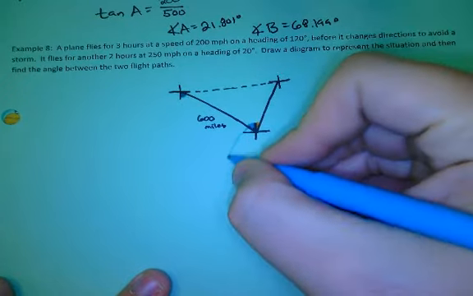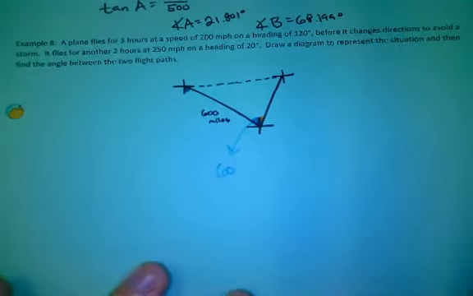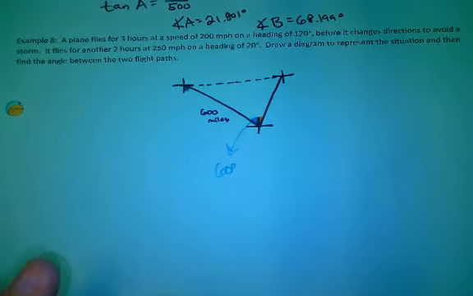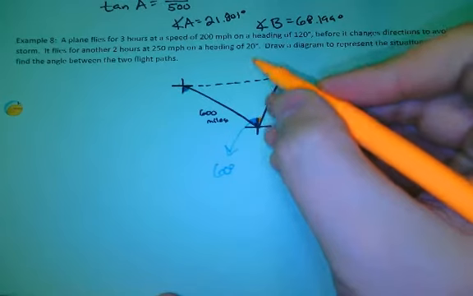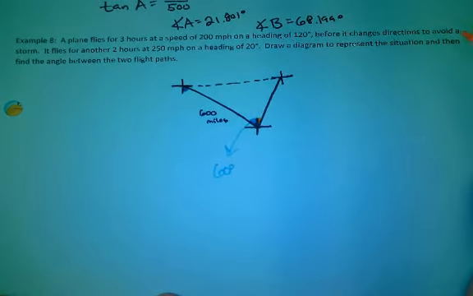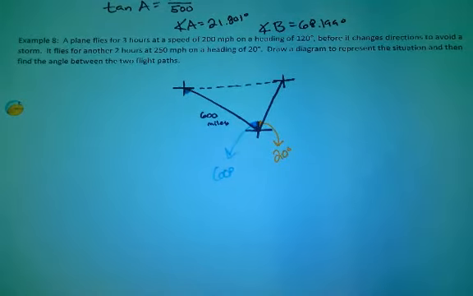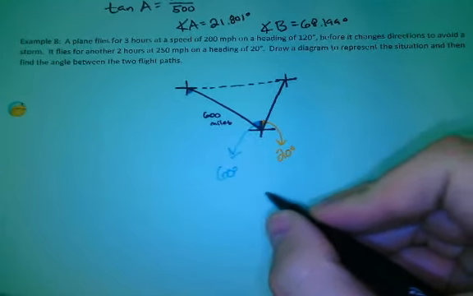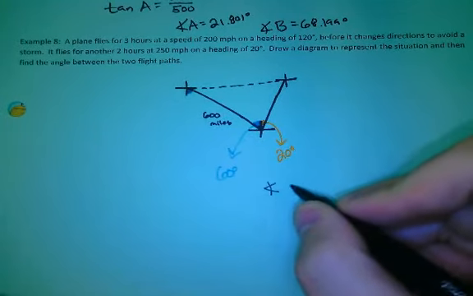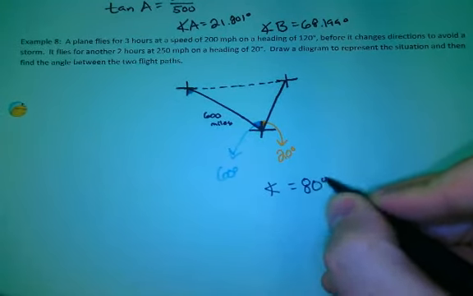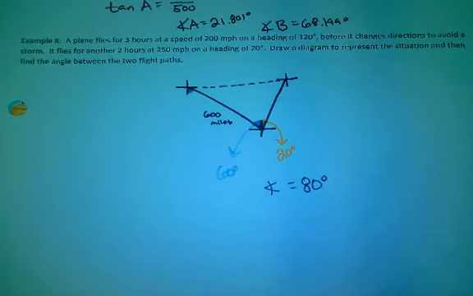We agree blue is 60? Yes. What is orange? Gave it to us right there. It's 20. So orange is 20. So the answer is going to be? 80 degrees. So the angle measure is 80 degrees.